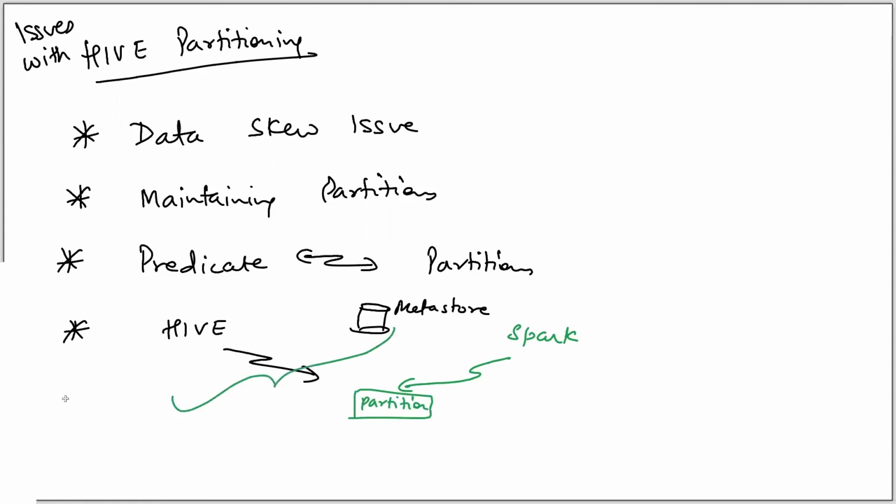So then you have to repair the table. You have to use MSCK repair table, and you need to ensure that Hive metadata is also in sync with the data that we got in HDFS. Spark just stored a new partition on HDFS, so we have to ensure that Hive metadata is in sync with this. So this is another problem. There are multiple issues.